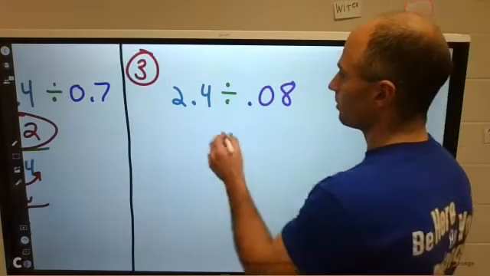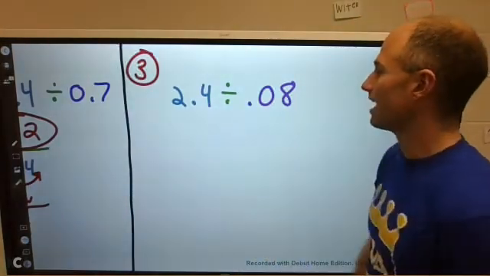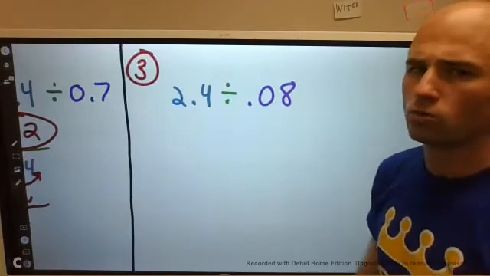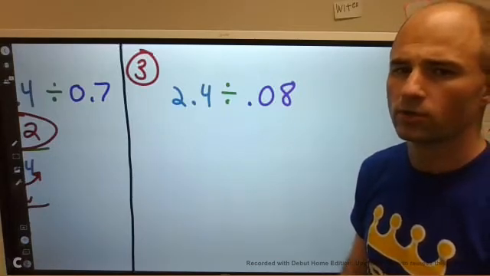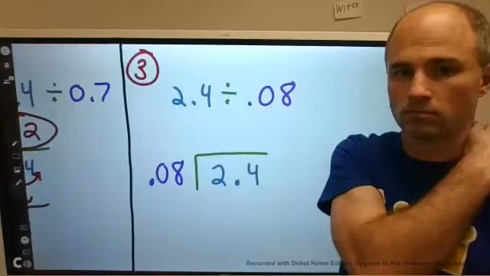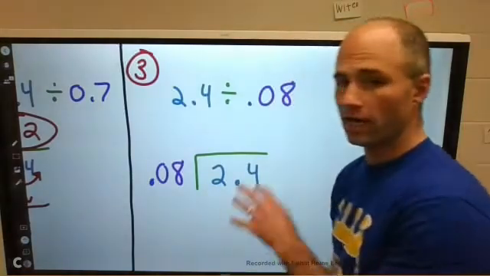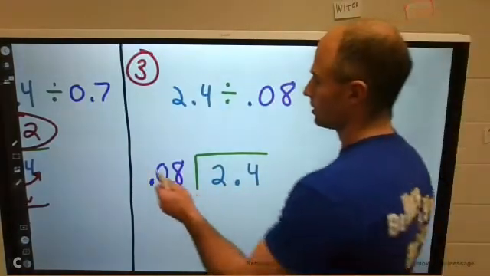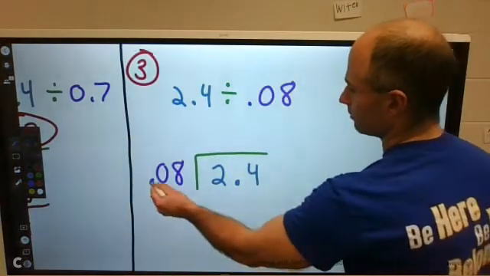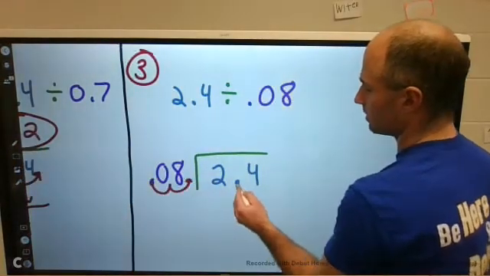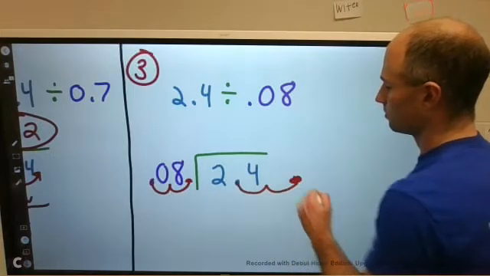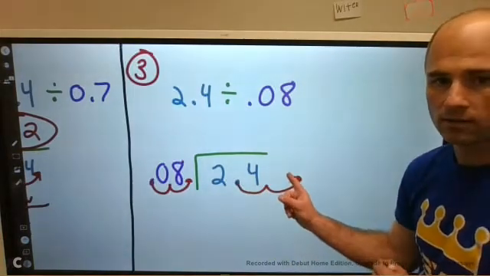So here we go. 2 4/10 divided by 8 hundredths. Ooh. Did I stump you? Go ahead and do that now. All right, so hopefully you got this set up down. Now, we have to realize, I'm going to show you this. If there's 2 shifts here, this decimal needs to shift over 2 spots. 1, 2. Well, what goes there?